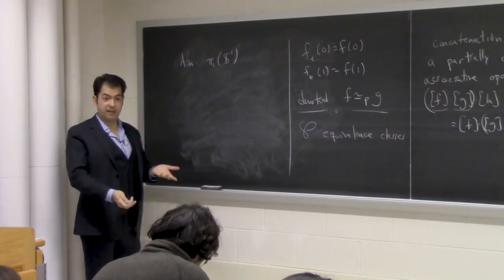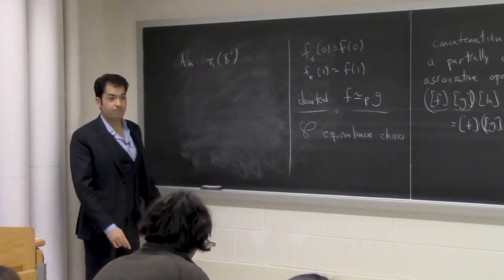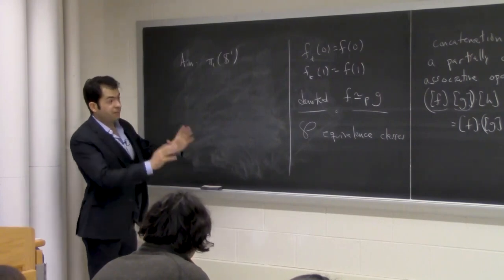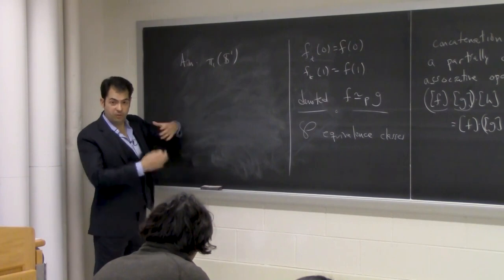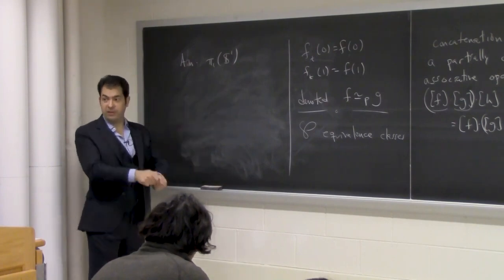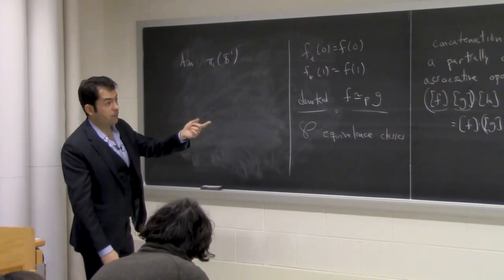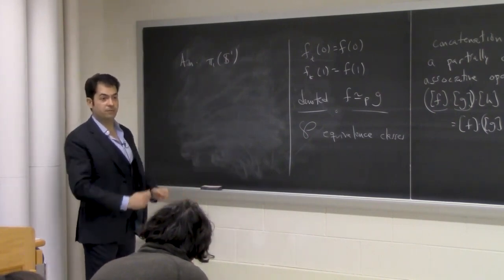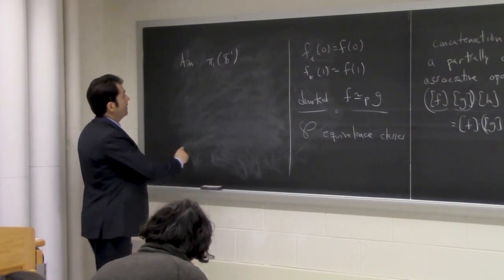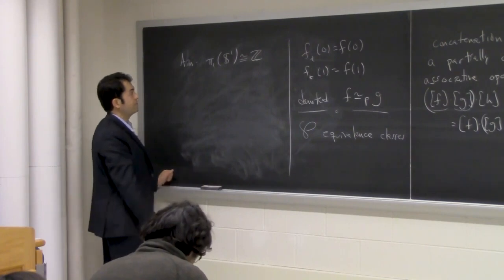Because the circle's path connected, we typically leave out the base point from the notation. But you always want to have loops based at some point. Even if you don't include it, there is some point floating around, and all of the loops are based at that point. To start with, if you didn't, then you can't compose. You don't have concatenation, so you wouldn't have an operation. So we want to show that this is the same as the integers.